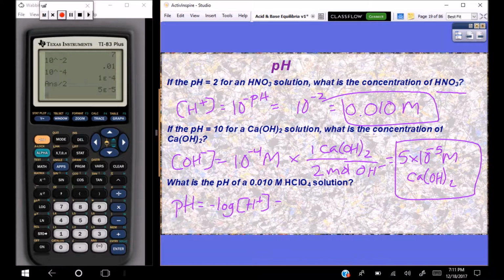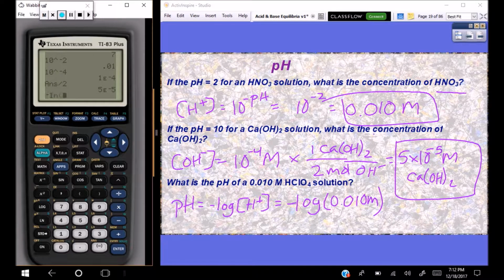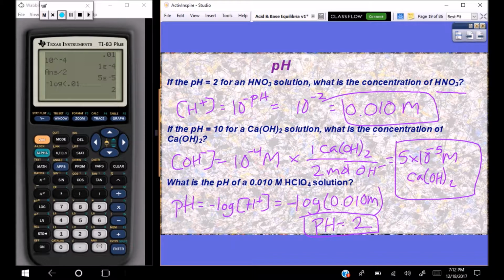So we can just plug in negative log of 0.010, and sure enough, we'll get a pH of 2. Okay, not so bad.